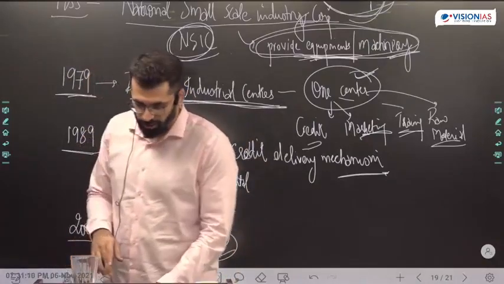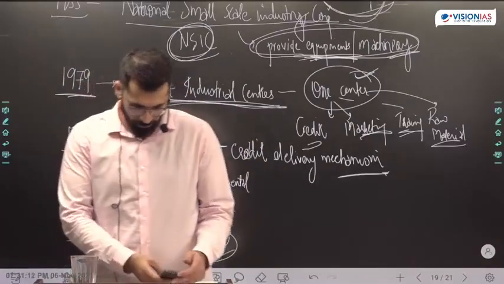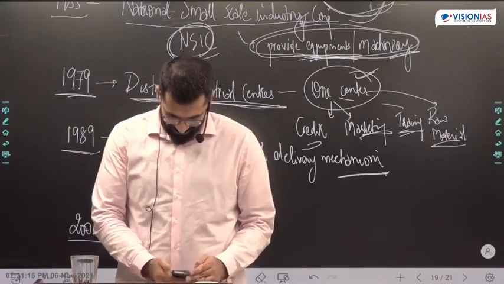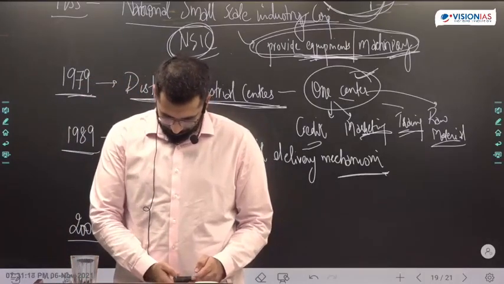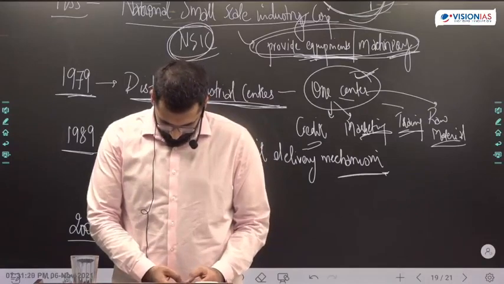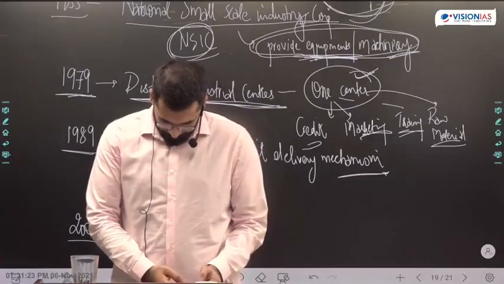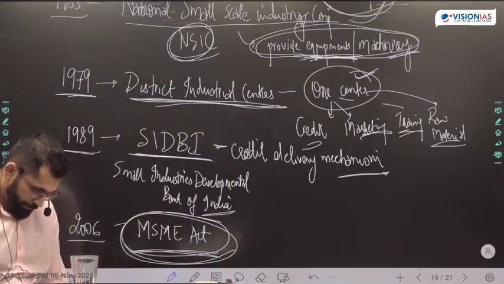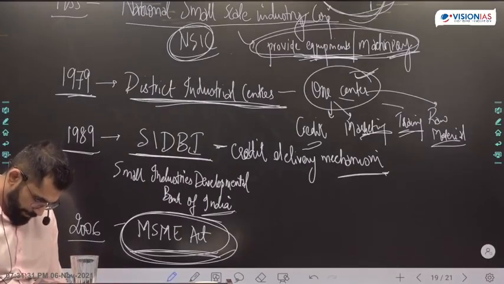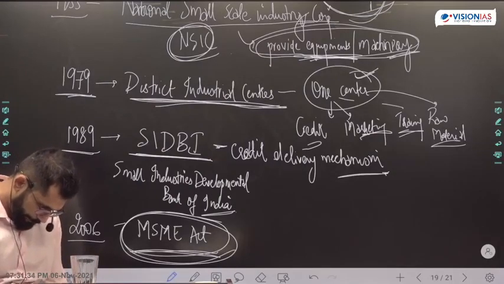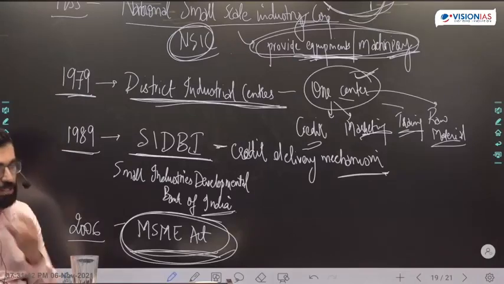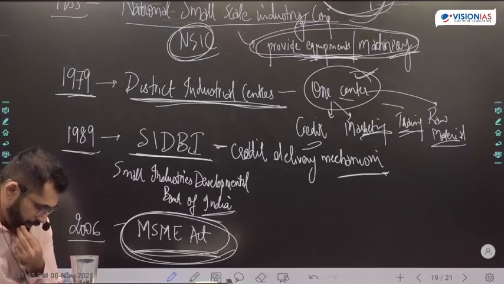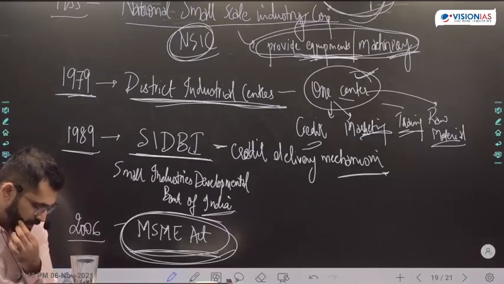Central Silk and Coir Board, they are different. You can note down these. तीन ट्रेडिशनल थे, तीन मॉडर्न. The three modern were Small Scale Industries Board, Coir Board and Central Silk Board.